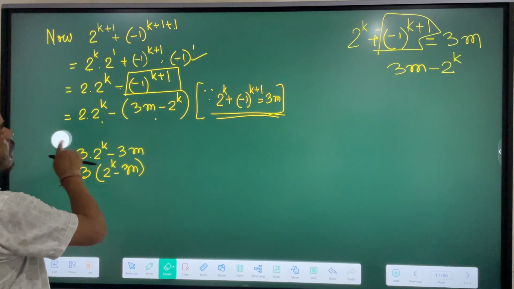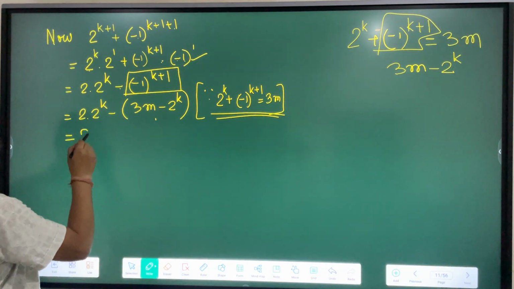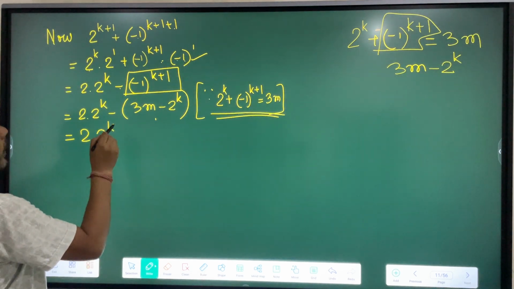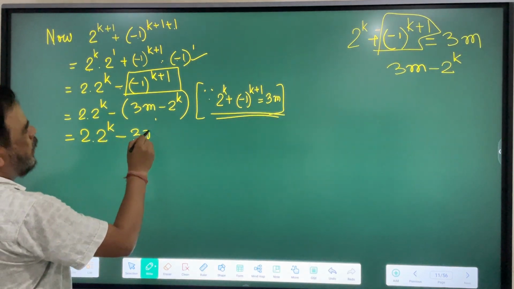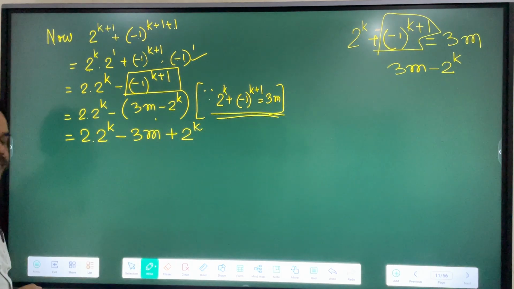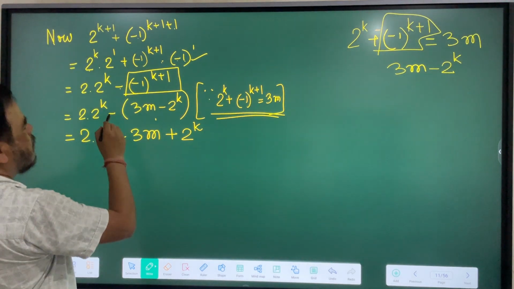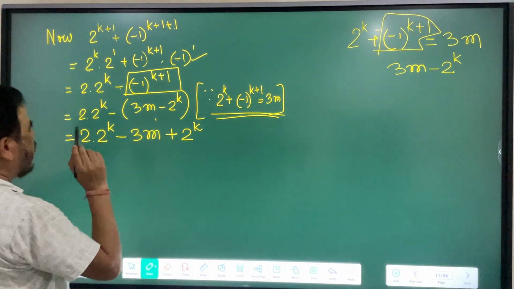Okay, this one. Now 2 into 2 to the power k minus 3m plus 2 to the power k. I hope you understand: minus into 3m is minus 3m, minus into minus 2 to the power k is plus 2 to the power k.